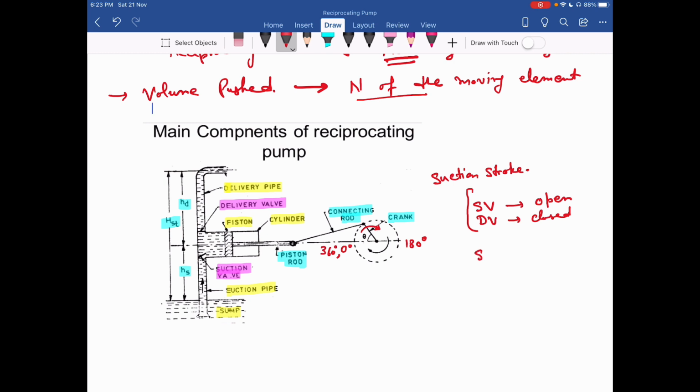my suction valve is closed, delivery valve is open, and this stroke we call as delivery stroke.